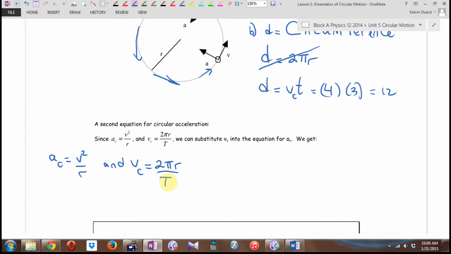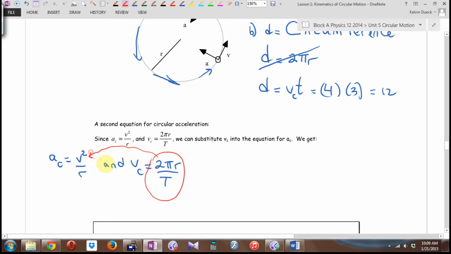They are vectors, but I'm only finding magnitude right now. If I plug that into there, I get this. AC equals, well, it's all going to be over r, but I'm going to get 2 pi r over t all squared.